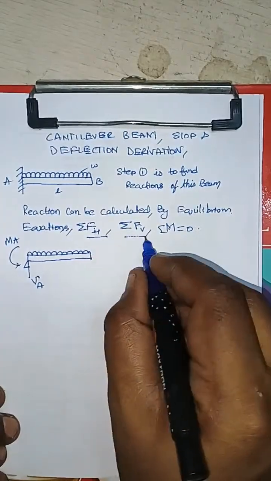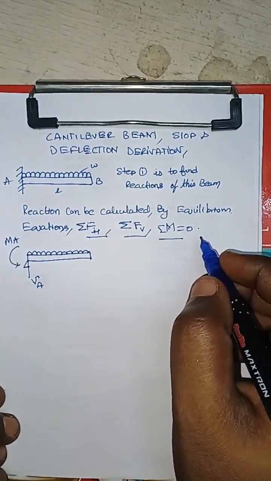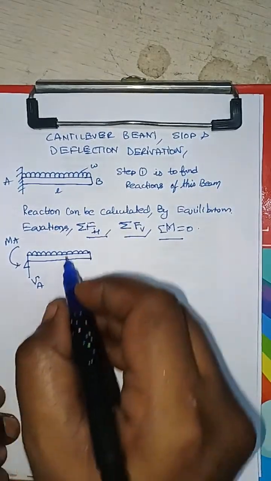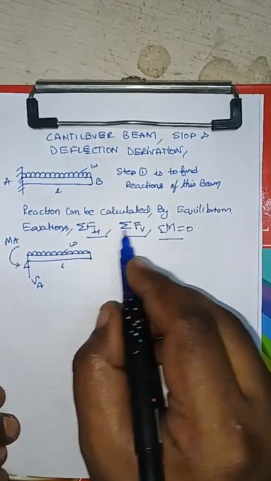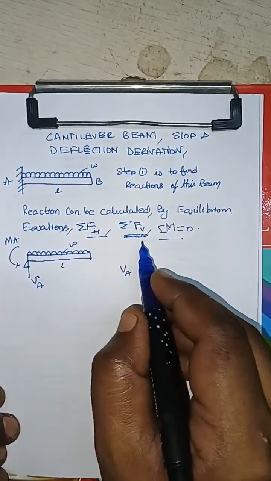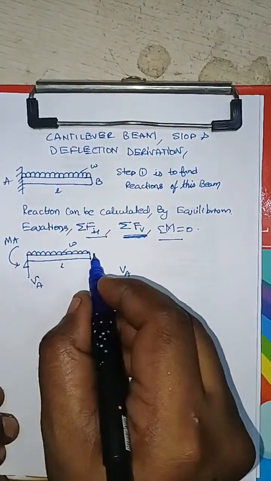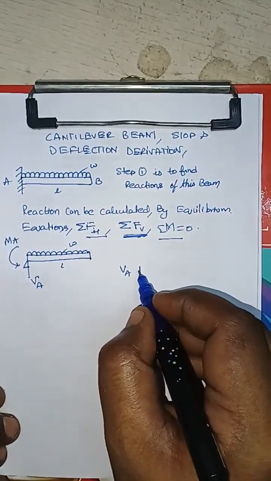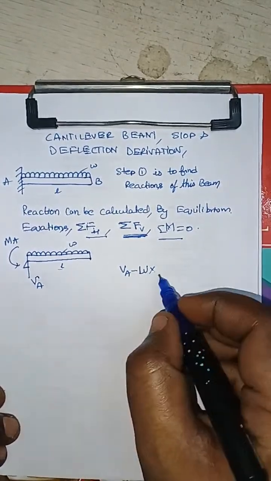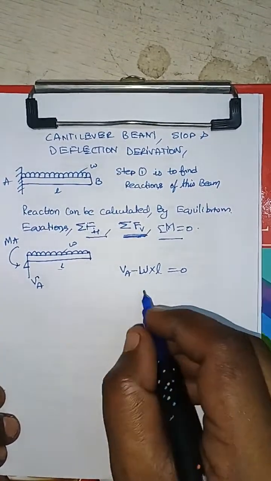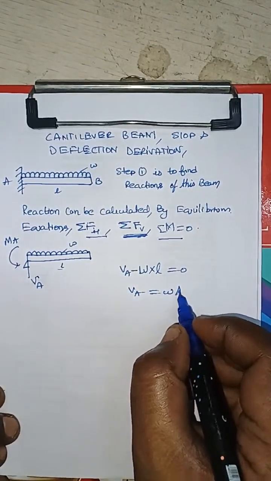We know that the sum of the horizontal forces, the sum of the vertical forces, and the sum of the moments are equal to 0. So for the vertical forces, VA, and this load is coming downwards, so minus W into the whole length L is equal to 0. So VA is equal to W into L.